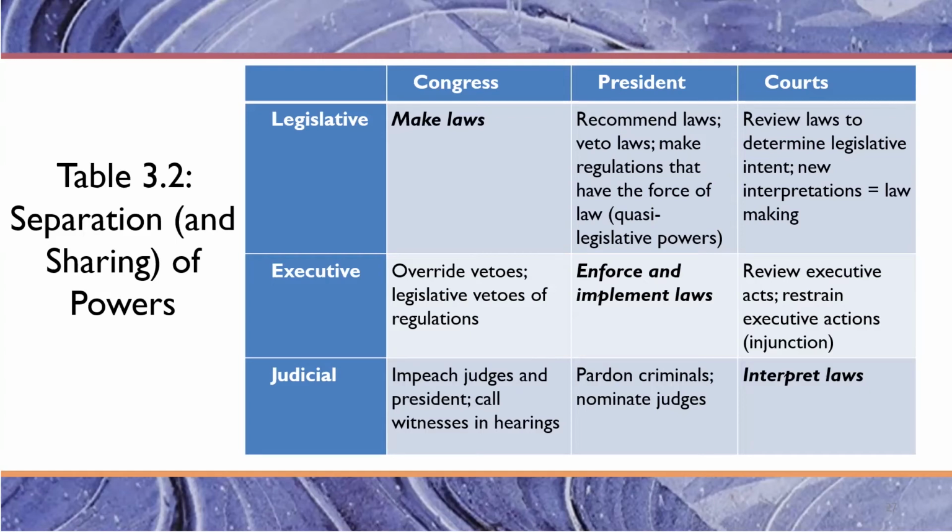Now, Congress gets involved in the judicial process by impeaching judges or the president, but that's almost like a judicial function, like an impeachment trial for a president, calling witnesses in hearings to testify about things. But Congress also gets involved in the judicial branch by approving the nomination of judges. That's something I should have put in that chart.